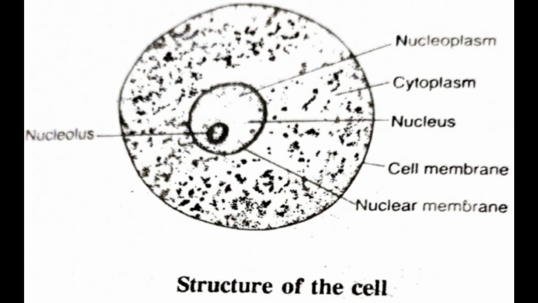The mitochondria contain DNA, that is deoxyribonucleic acid, similar to that found in the nucleus. DNA is the basic substance of the nucleus that controls replication of the cell. That's why the nucleus is called the control center of the cell.